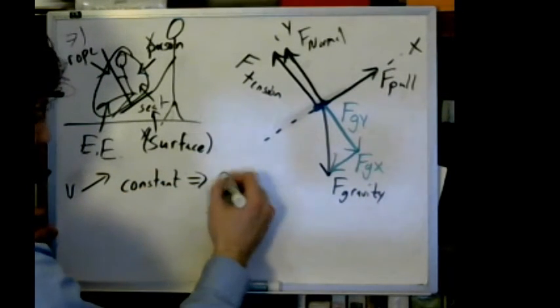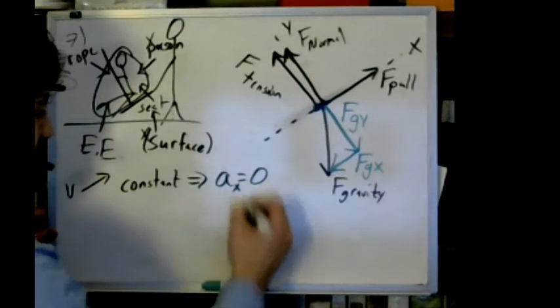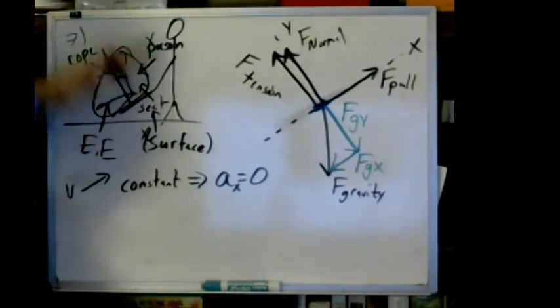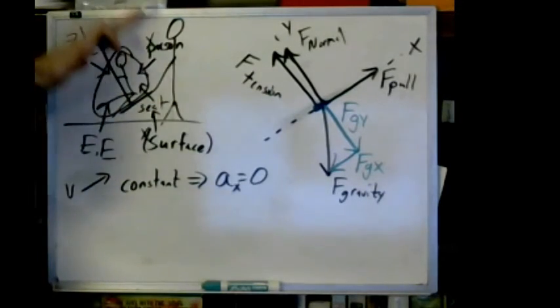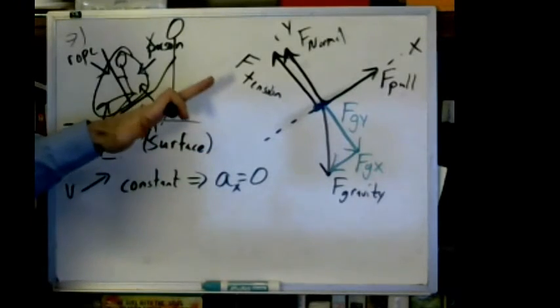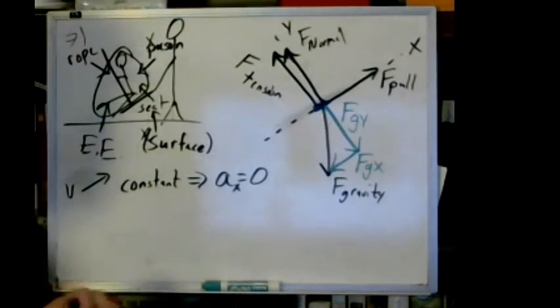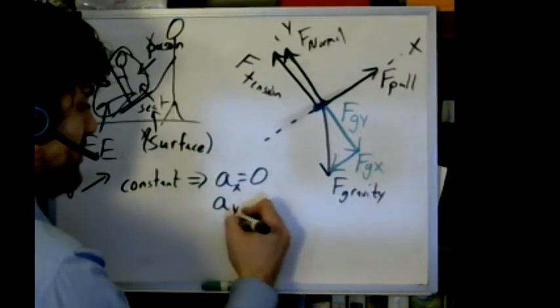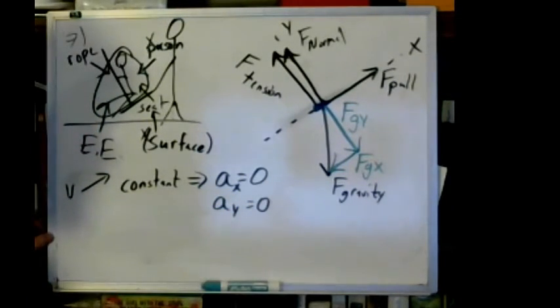Because it's constant, we know that the acceleration in that direction is 0. We also know that the kid is not accelerating in this direction. The kid is not falling through the seat. The kid is not lifting up off of the seat. So we know that the acceleration in the y direction has to also be 0.